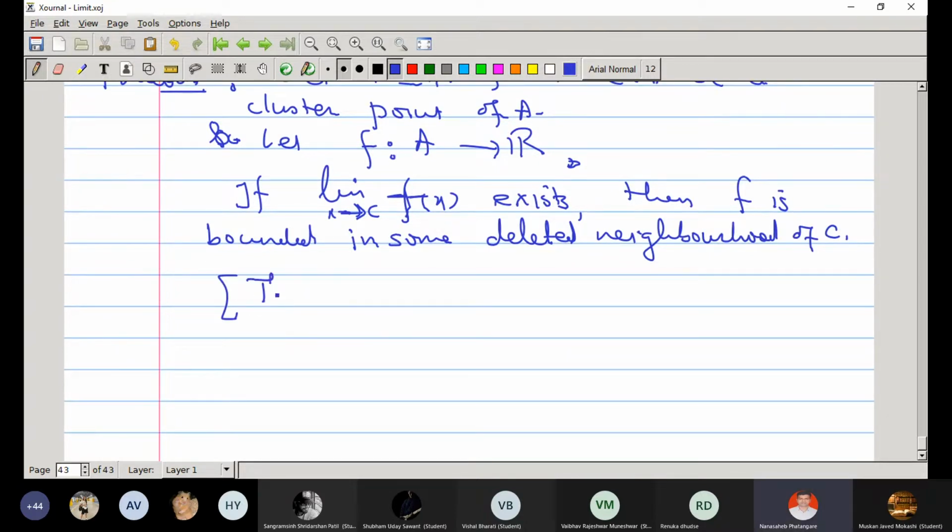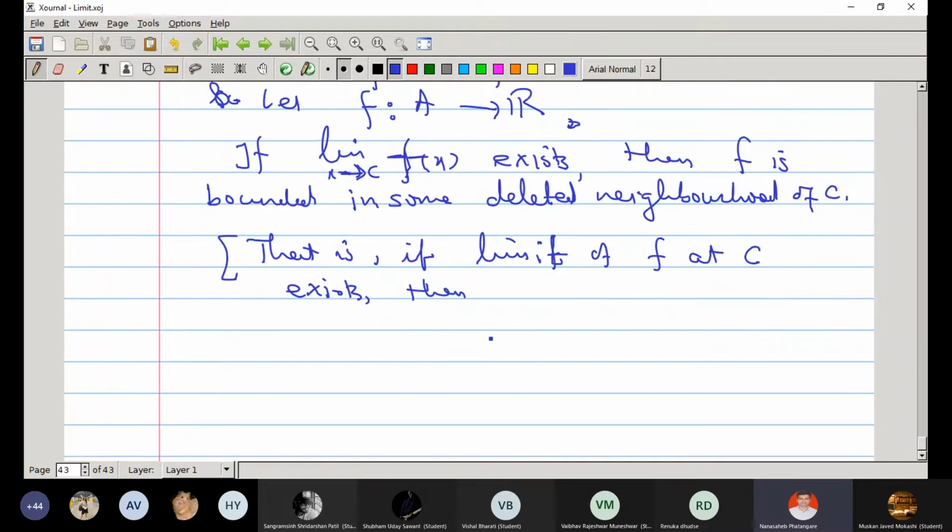So alternatively, that is, if the limit of f at c exists, then f is bounded in some deleted neighborhood, which means f is bounded near c. Near c, that means in the neighborhood of c, the function is bounded.